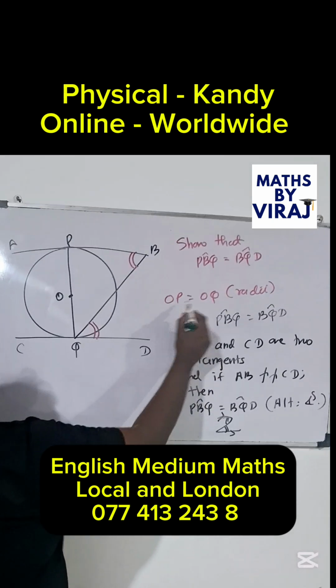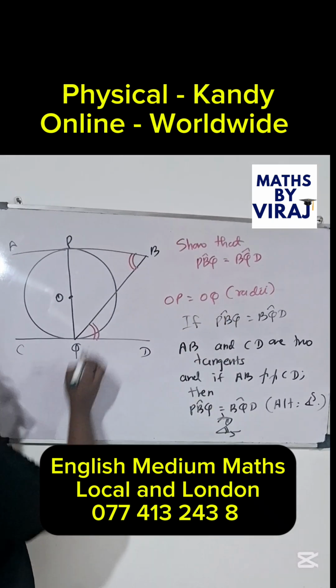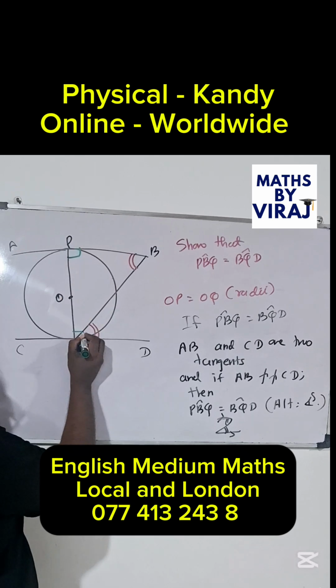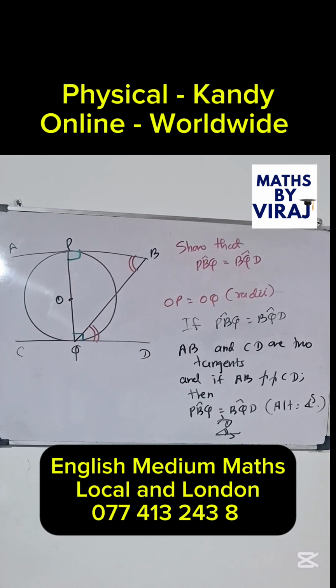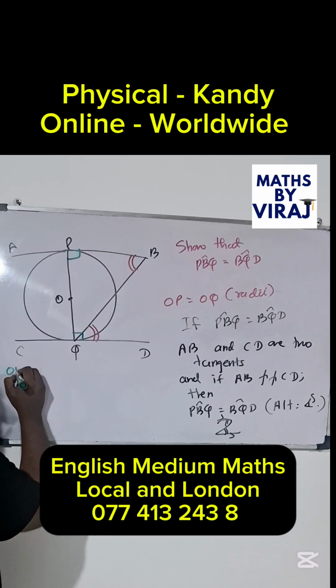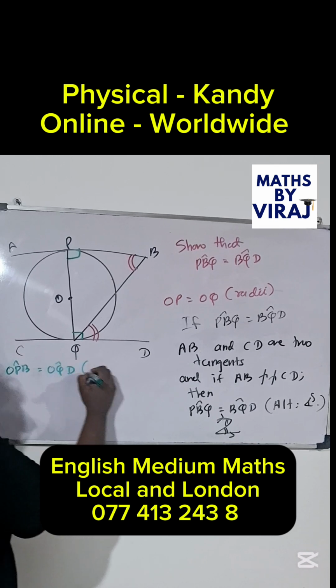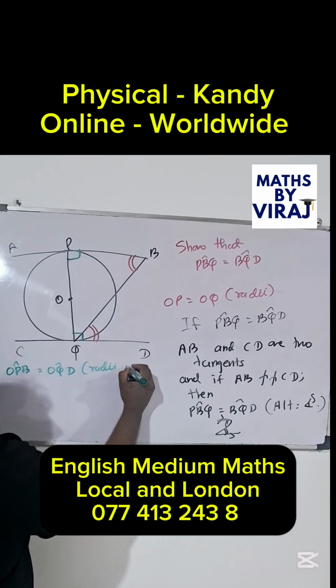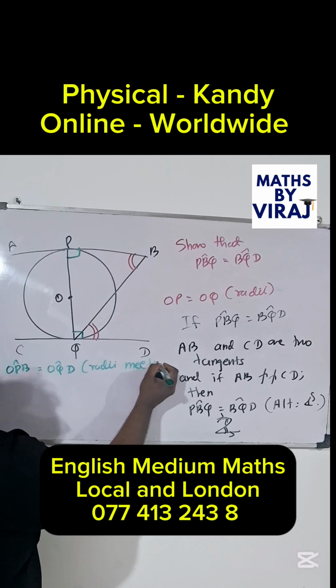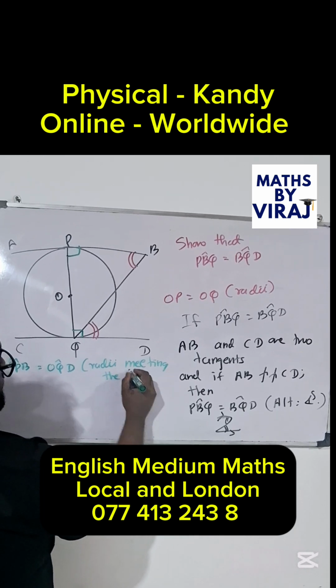Since we know that OP and OQ are radii, I can say that these two angles are 90 degrees each. Why? Angle OPB equals OQD, radii meeting the tangent.